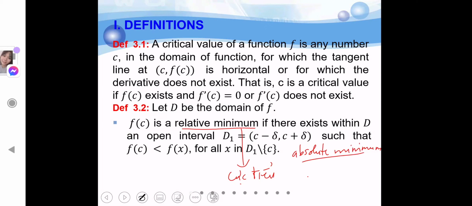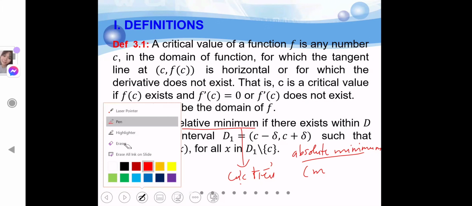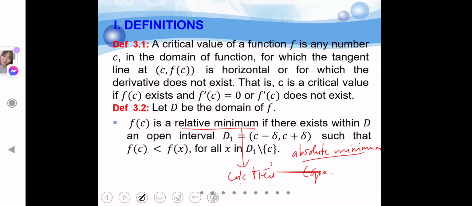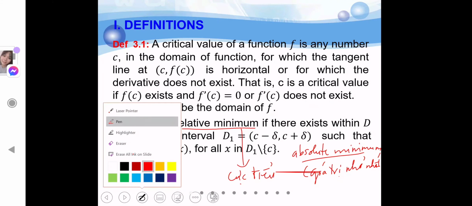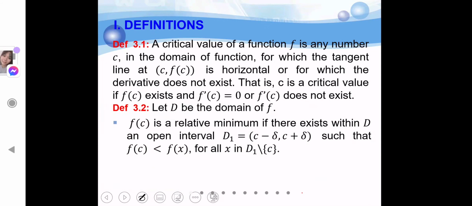Absolute minimum has the same meaning. You need to distinguish between the two concepts, relative minimum and absolute minimum. Okay, you can see this picture, the graph of y equals f(x).